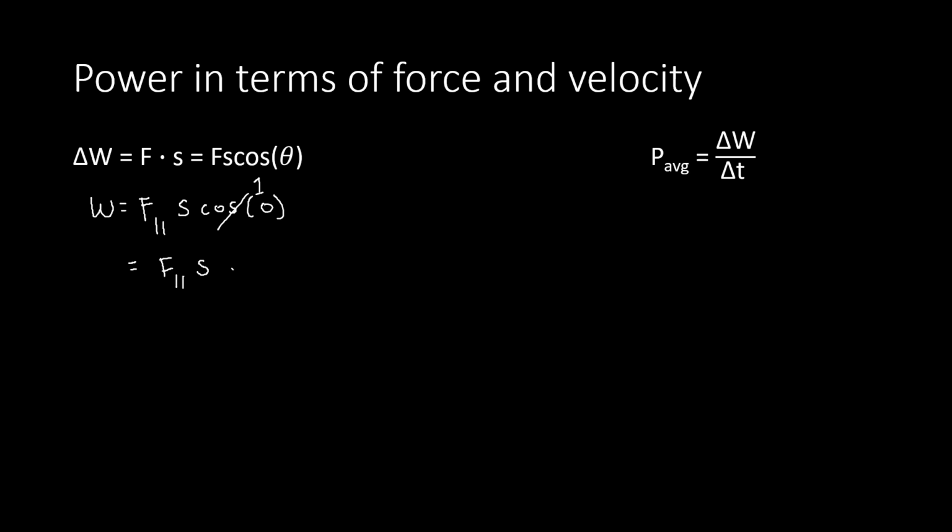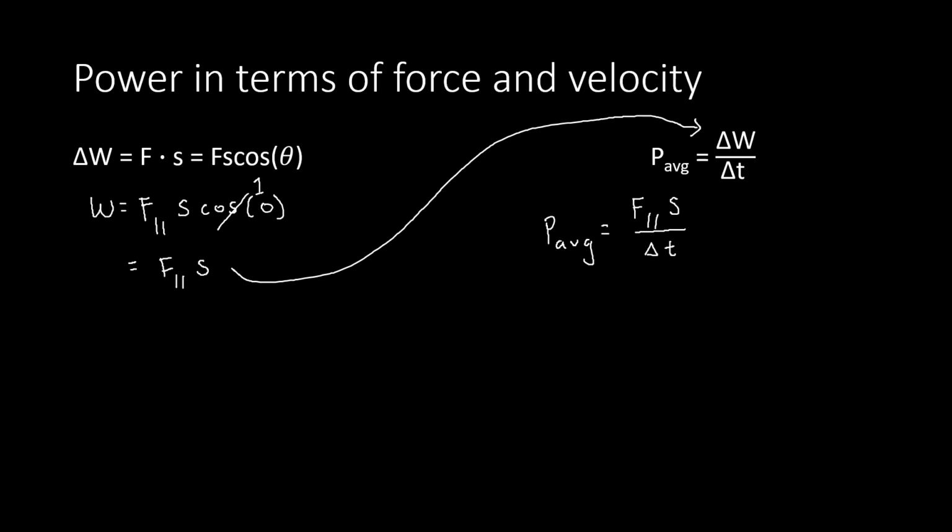Now we can substitute this into the average power formula, and we would get that the average power is equal to the force that is parallel to the displacement vector times the displacement, all divided by the time.